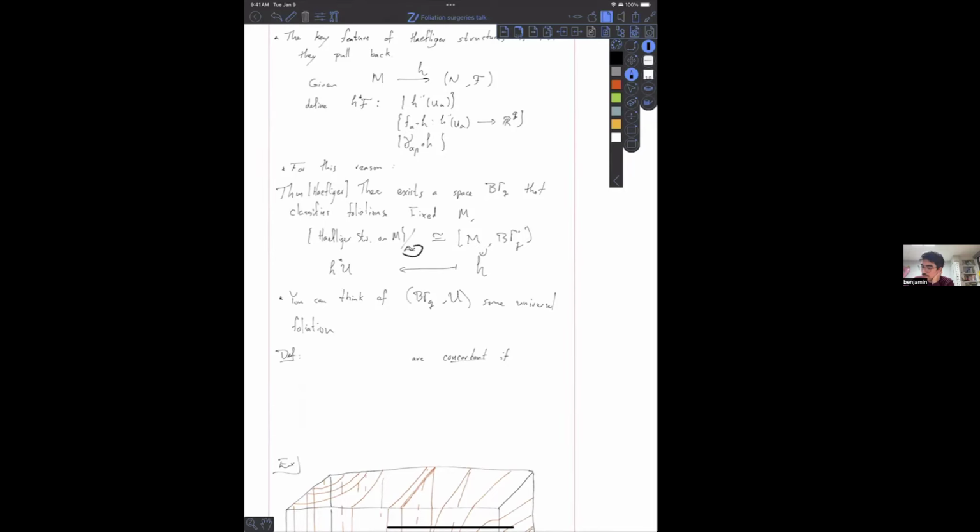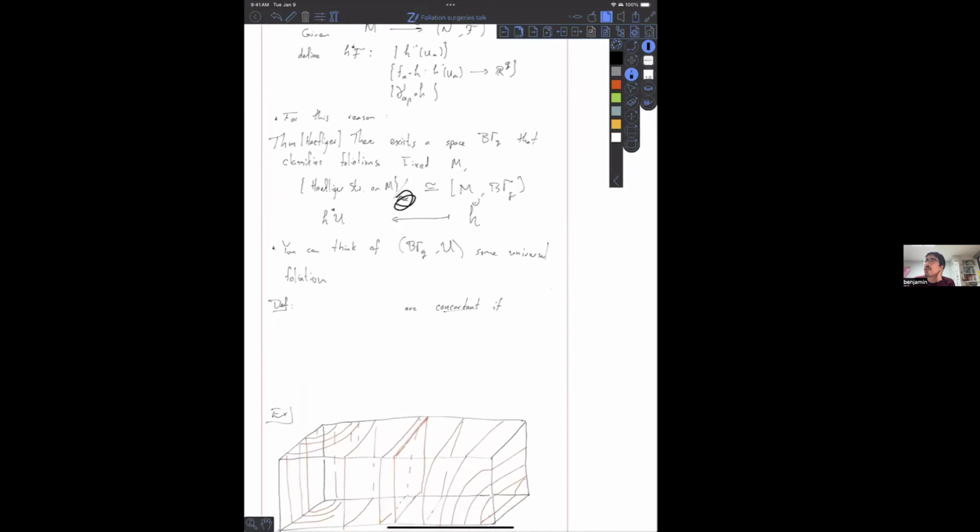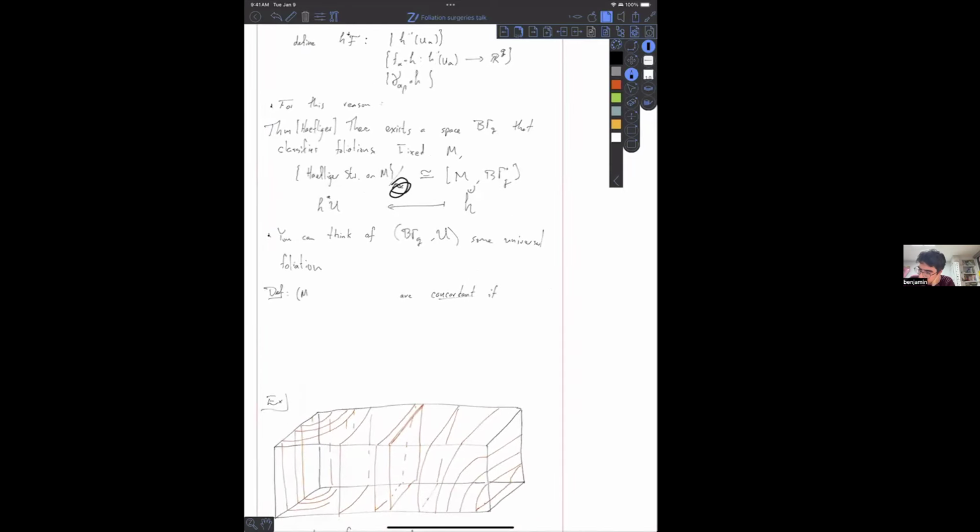To describe this tilde here, we say that two foliations F and F prime on the same manifold are equivalent if there exists a foliation extending both of them, on M times the interval.